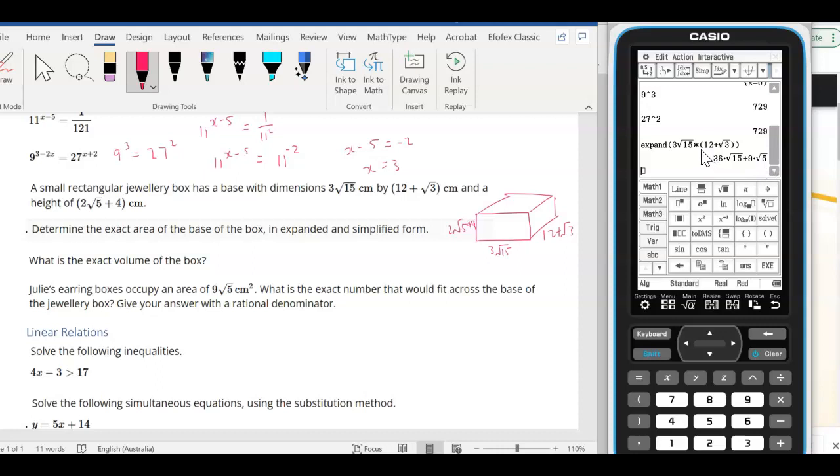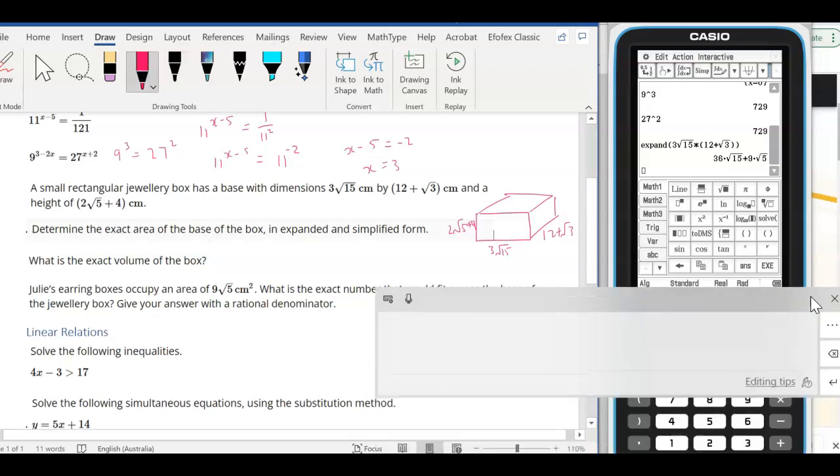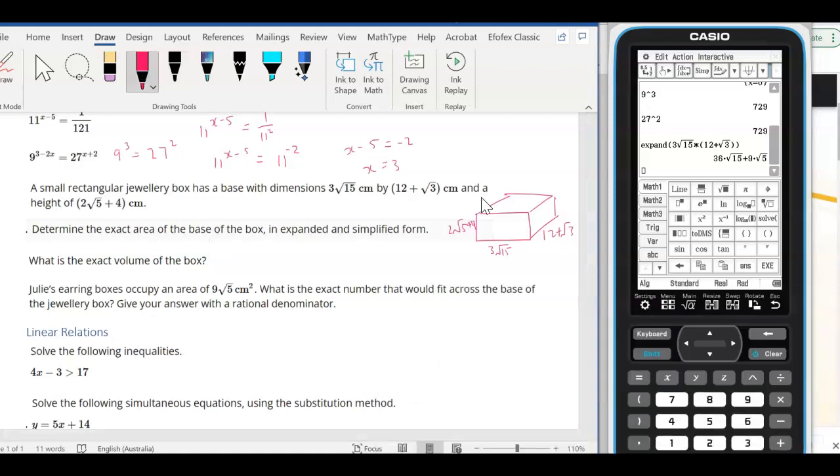So if you did what I did initially and it hasn't expanded it for you, you can just use expand. So transformation, expand, and it'll expand that bracket for you. All right, so we've got 36√15 plus 9√5.